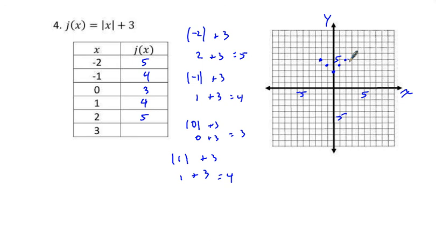And if we continue that pattern, that next point was going to be 3, 6, and 4, 7, 5, 8, 6, 9, 7, 10. And unlike the parabola, which has a letter U shape, the absolute value curve has that letter V shape.